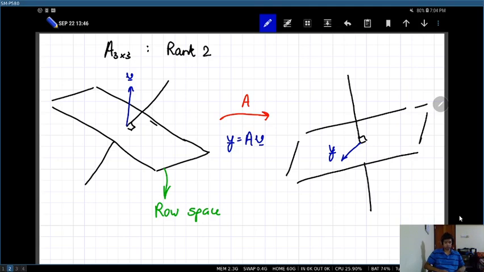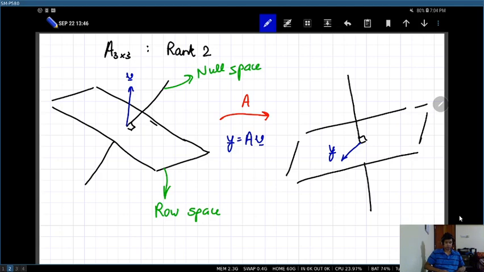The orthogonal complement is basically the null space, which is a line perpendicular to this plane and passing through the origin. So this is the null space of A.